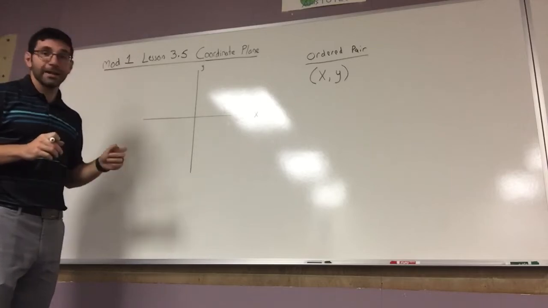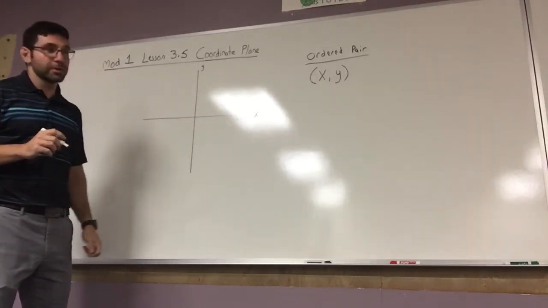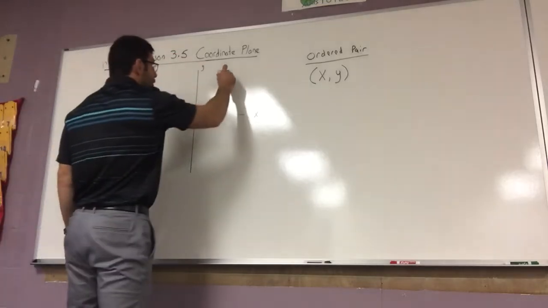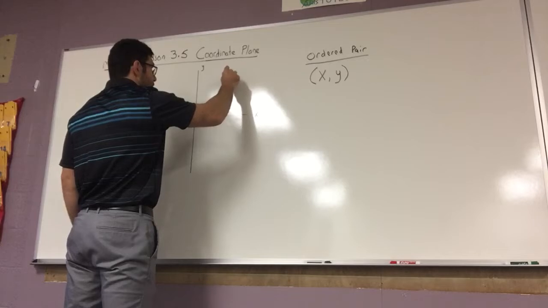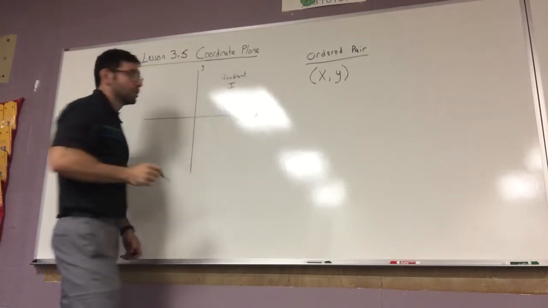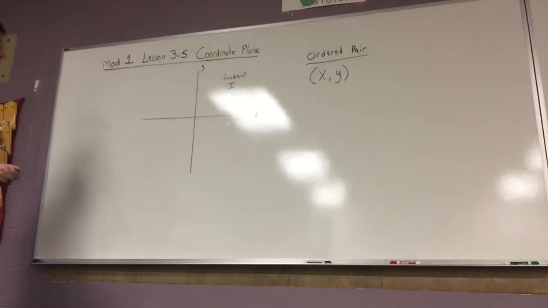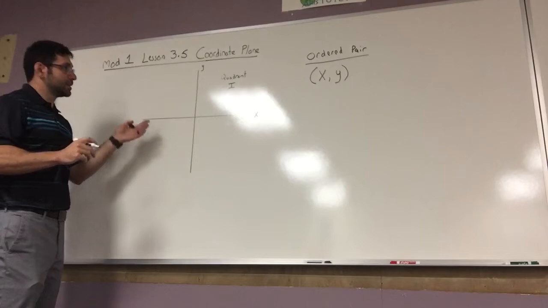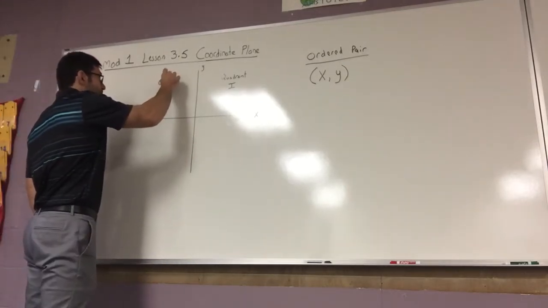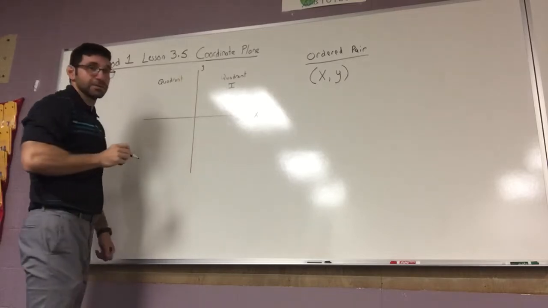Before we even do that, there are 4 sections of this coordinate plane, and they are called quadrants. Over here, in the top right, is called quadrant 1, and it is designated with a Roman numeral 1. I don't know why, I truly don't, but they've decided to go counterclockwise to name the quadrants.